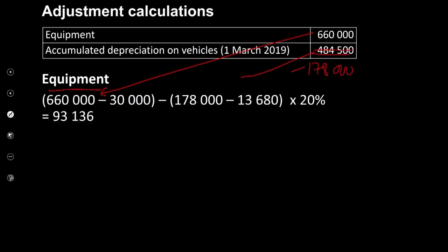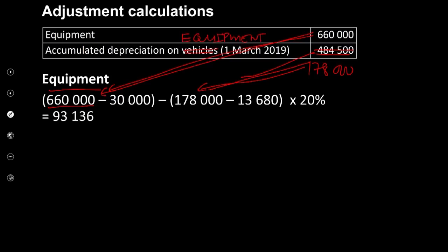Clearly you can see there's the 178,000 in my bracket. So because it's diminishing balance, I need two brackets. Step number one, first 660 from my given information. Step number two, the accumulated depreciation. Actually, that is the vehicles amount, that should be equipment. So we've corrected that now. There's my equipment, accumulated depreciation on equipment is 178,000.